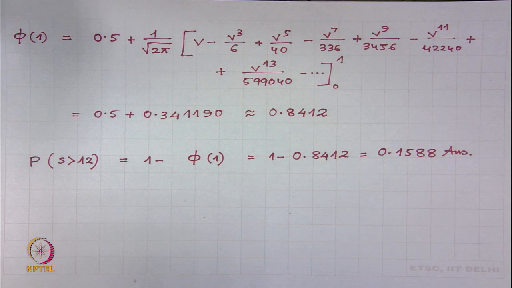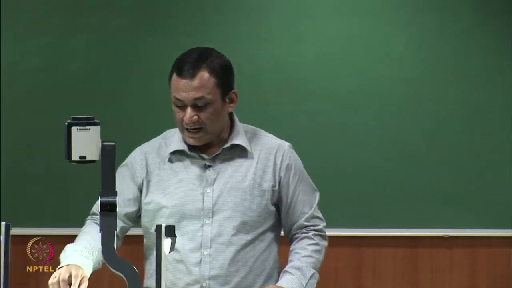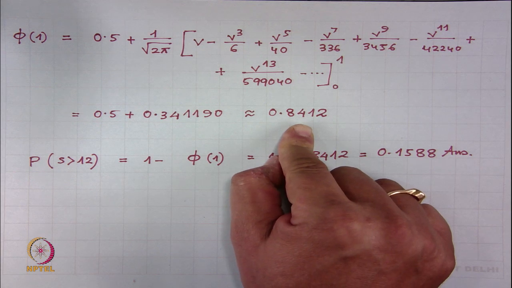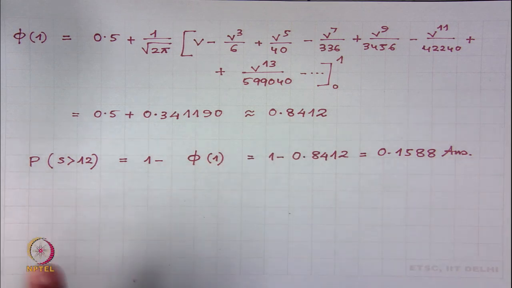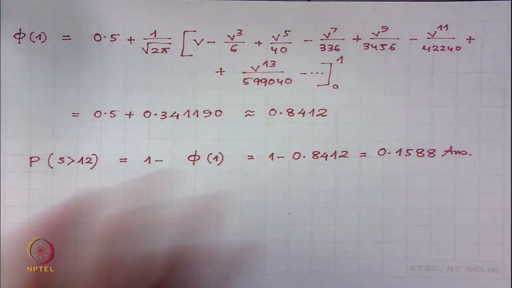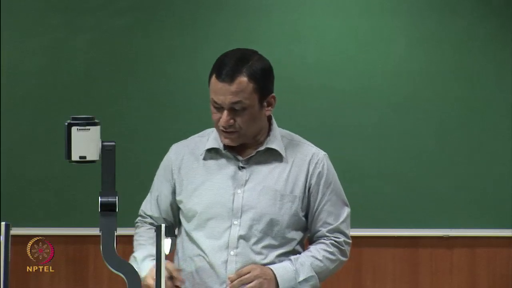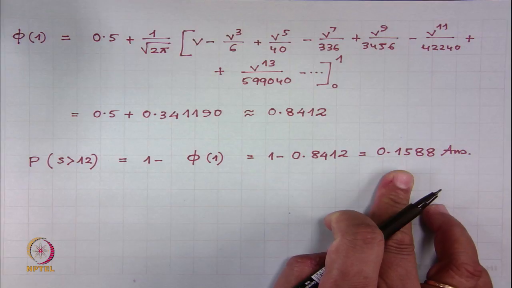If the table would have been there, directly by consulting this table we could find out this value, but if the table is not available, then we can find out in this manner. It is a little time consuming, however, there is a learning associated with it. Nevertheless, the answer to this question is 0.1588.